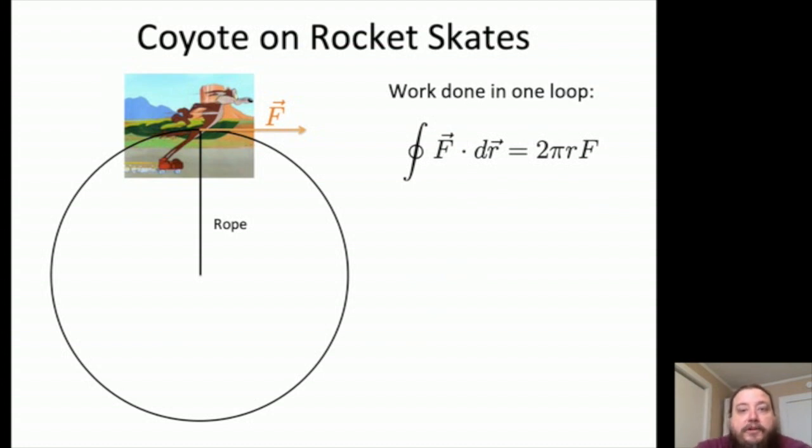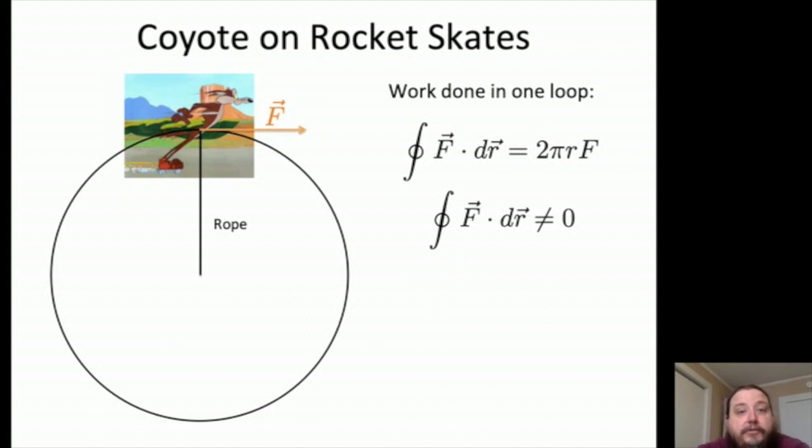The amount of work done by the rocket skates will just be F times dr. He's always going to have an acceleration in the direction of his motion, so that's always going to be a positive amount of work, and the total amount of work will just be the path length times his force here. And obviously that's not zero, so the work done can't just depend on his position.